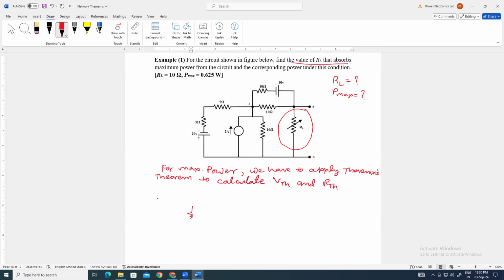Okay, this is 5 ohm, 5 ohm, minus plus 20 volt. This is 5. This is 5.